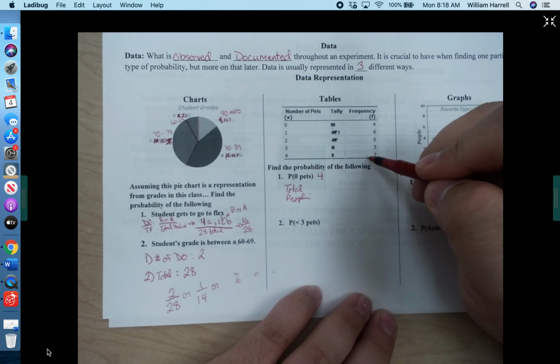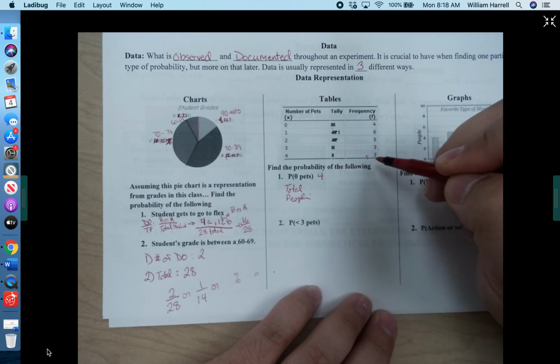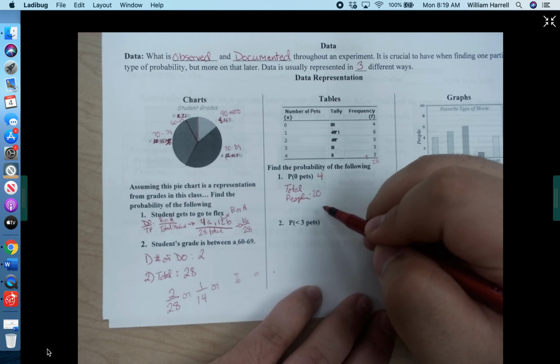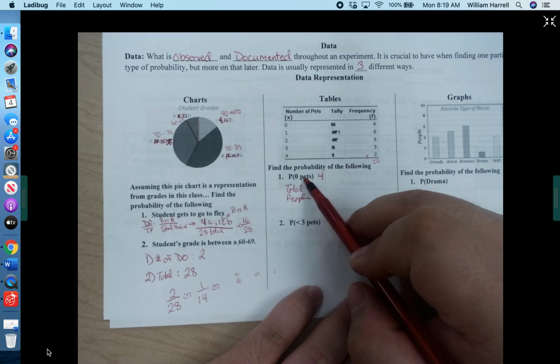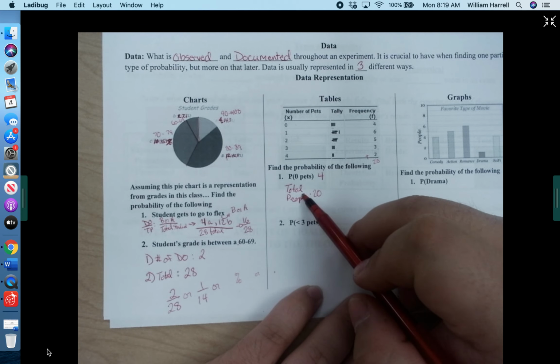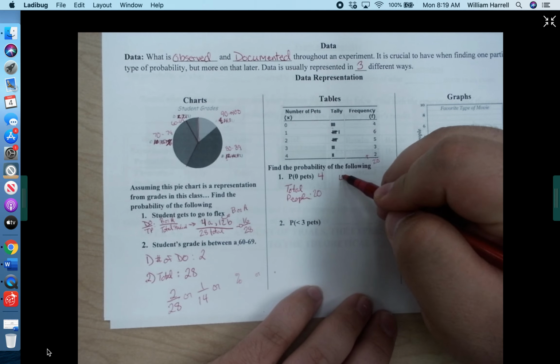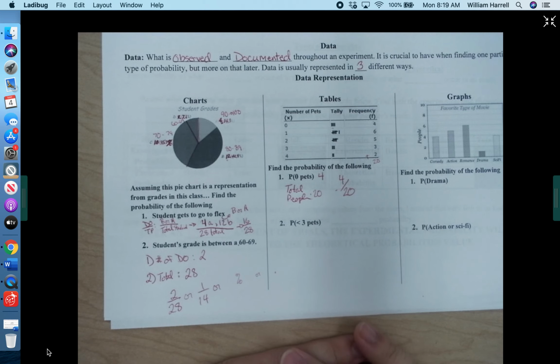Okay, you can add up all of those. 6 and 4 is 10, 5 is 15, plus 3 is 18, plus 2 is 20. So total people is 20. Again, desired outcome, probability 0 pets, 4 out of total people, 4 out of 20. Okay.